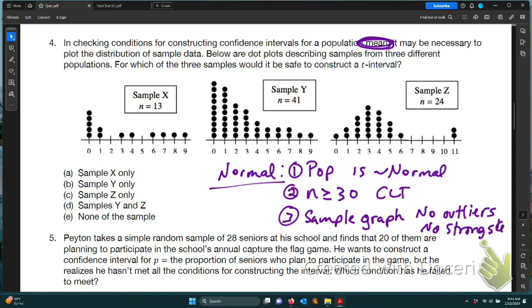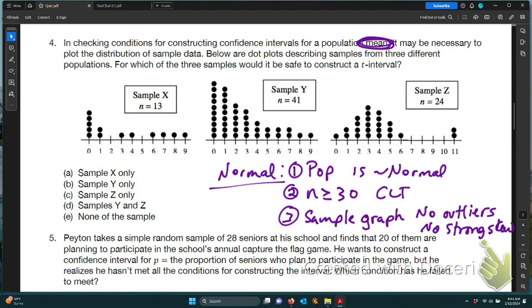Now, here's the deal. If the problem tells you that the population is approximately normal, do you check the rest of this? Nope. Because if the problem tells you the population is normal, you have met this requirement and nothing else matters. You could have a super small sample with a really skewed graph and you would be okay.